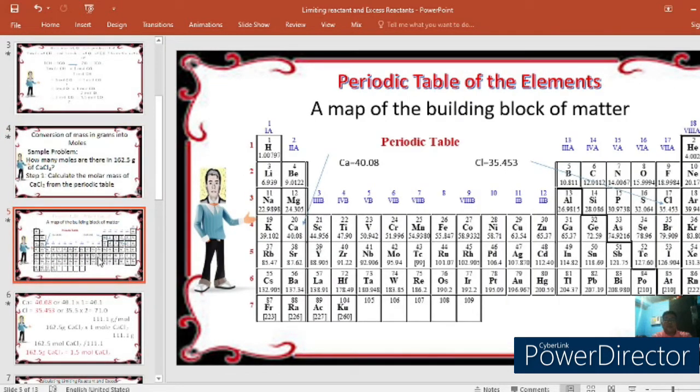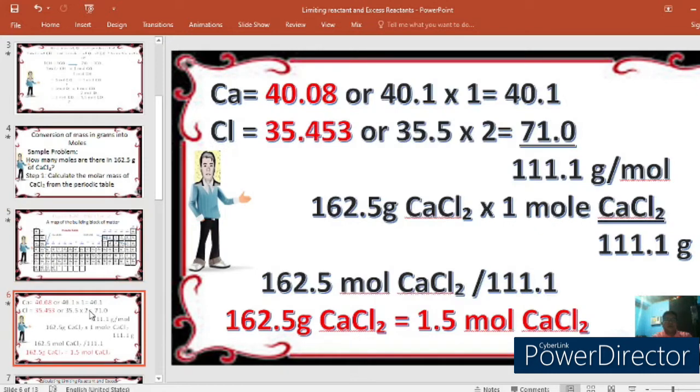As you can see, calcium has a molar mass of 40.08, while chlorine has 35.453.